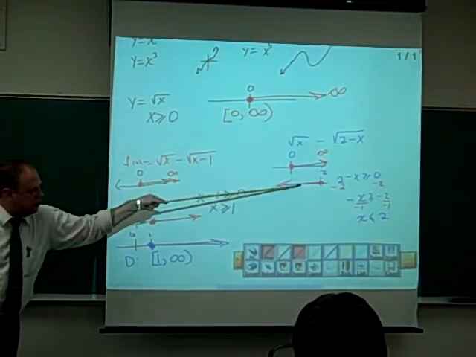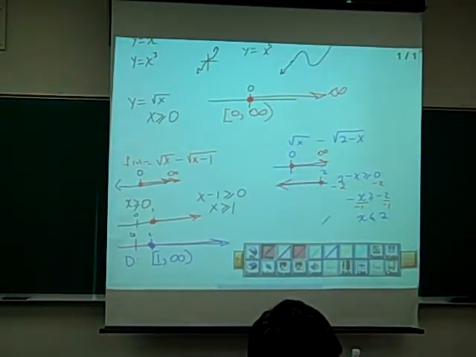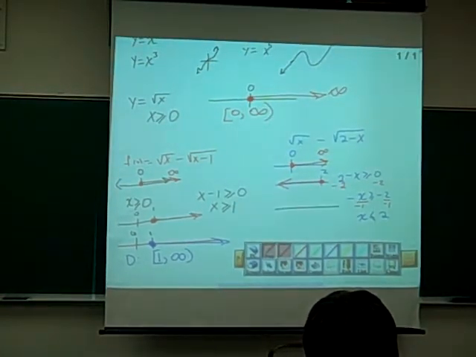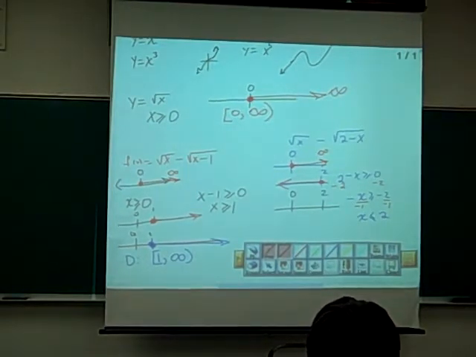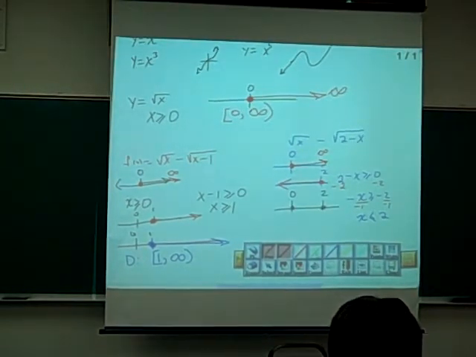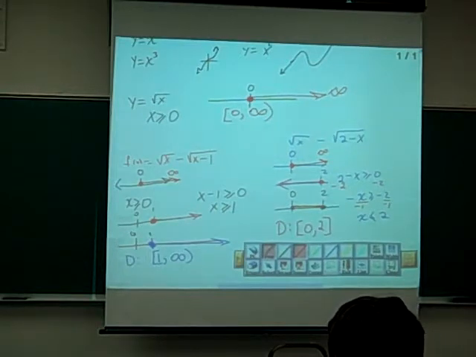So we have to consider what's in between, what's going to be good for both. That would be closed and closed, everything in between. So that domain is going to be bracket, 0 to 2, bracket, okay?